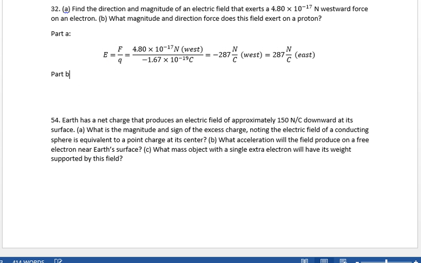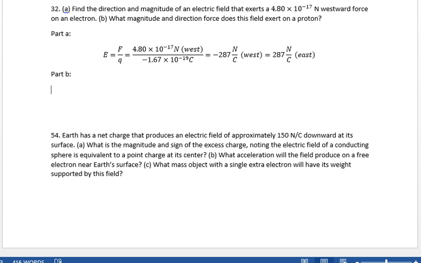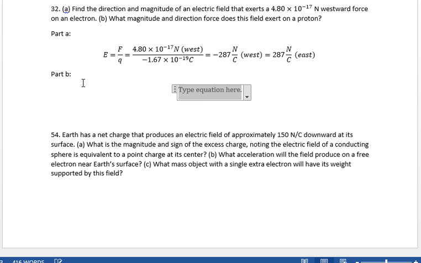Okay, part B, what magnitude and direction of force does this field exert on a proton? Well, if we're talking about a proton, the force is the charge of the proton times the electric field.